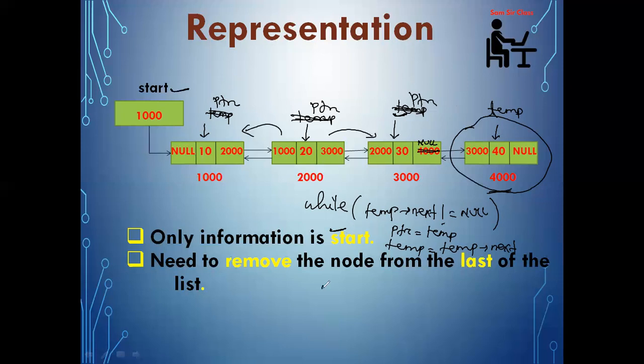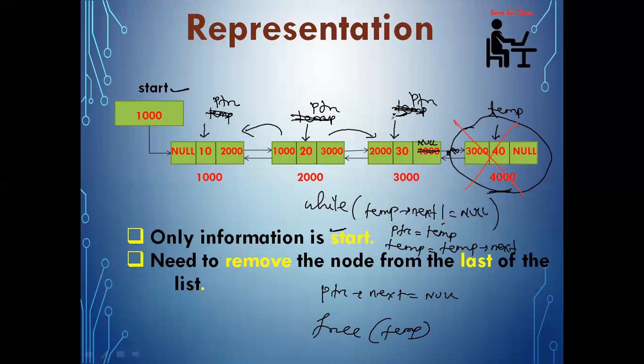Okay. So after this loop, a simple statement I'll write: PTR next equal to null. So what will happen? This connection will be deleted. And after that, simply I'll write free temp. So what will happen? Now the entire memory block will be deleted from the list.